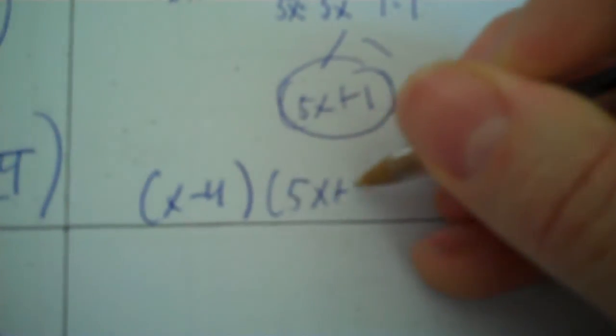Then 1's a perfect square because that's 1 times 1. So we make that plus minus 5x 1, 5x 1. That's a plus, it will just be dropped. That's a minus, but 5 is not a perfect square. That's a 5x before the minus. So that is an NA. Okay.